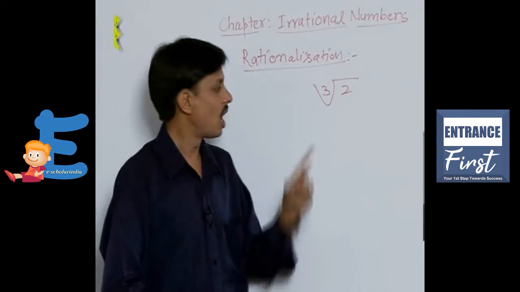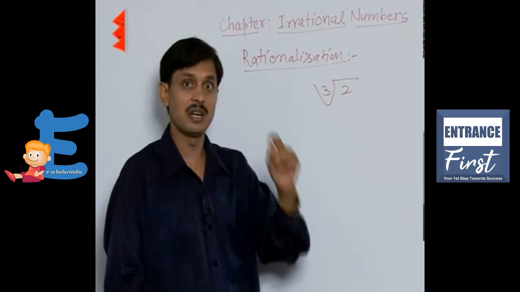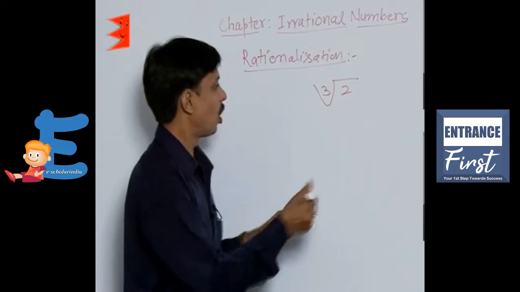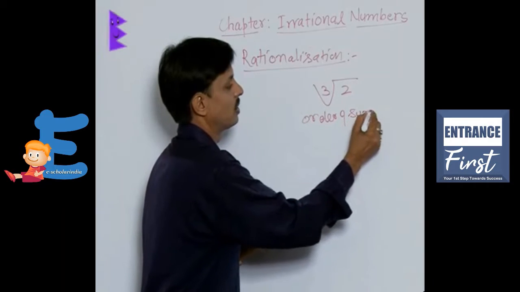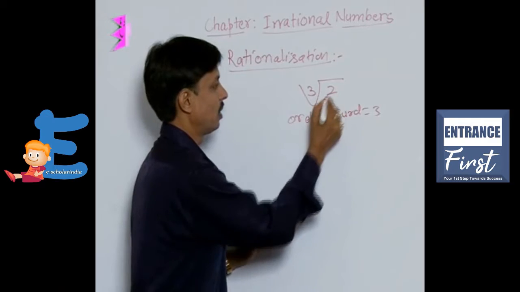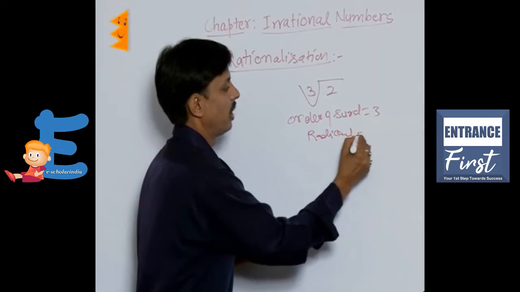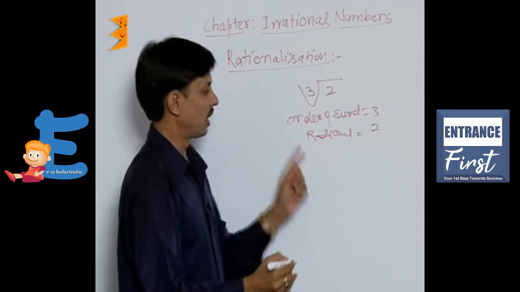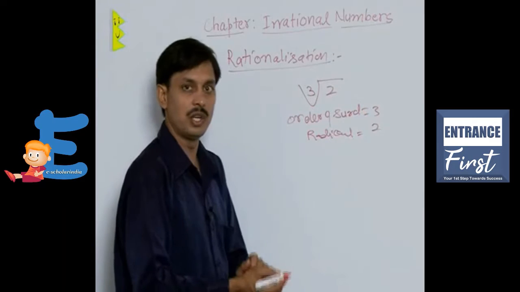Now the question is, how to trace such a number? You know, the order of the surd is 3. The order of the given surd is 3. And the radicand, or you can say base, is 2. The radicand is 2, the base is 2, and the order is 3.